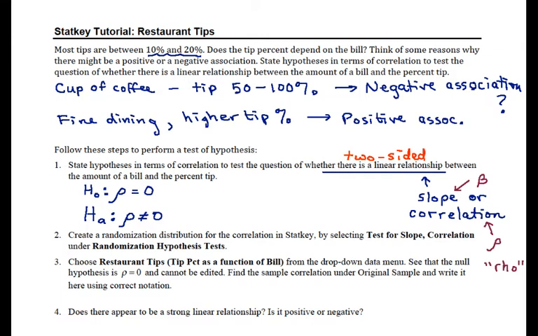So we're going to go ahead and create a randomization distribution in StatKey. We're going to go for test for slope, correlation under randomization hypothesis tests. And this particular data set is in the drop-down menu. It's called Restaurant Tips, Tip Percent as Function of Bill, from the drop-down data menu. And let's just go from there.